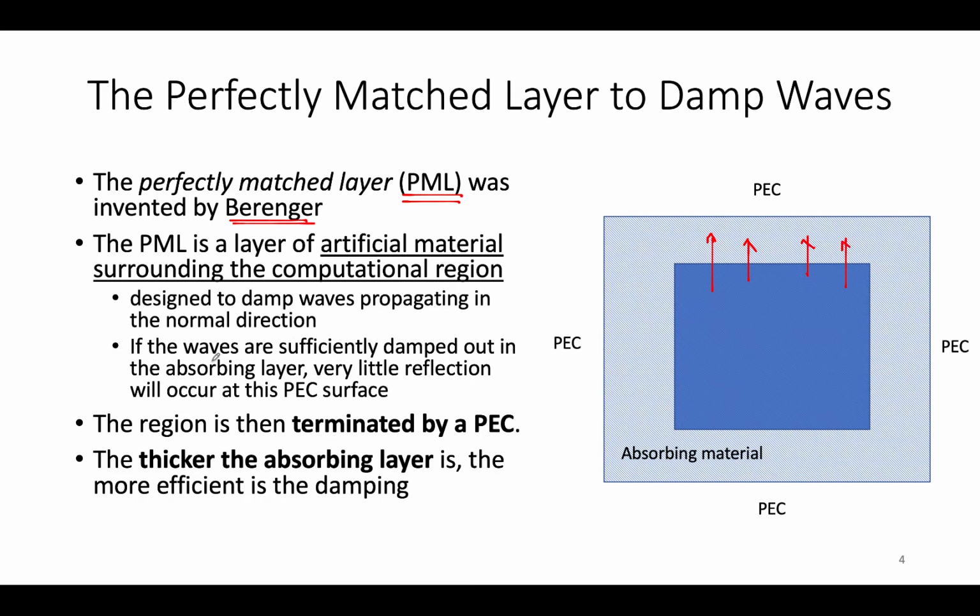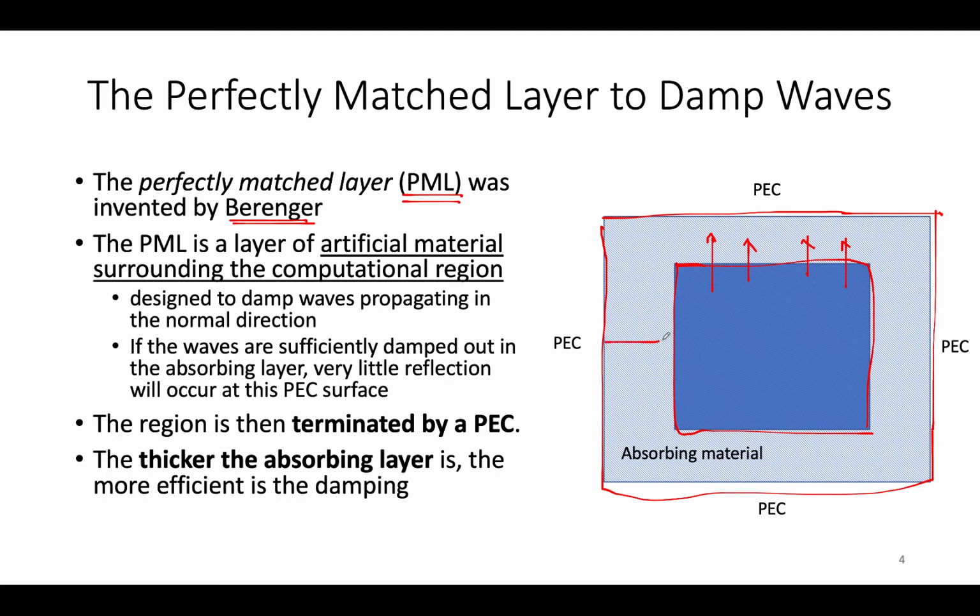The waves are sufficiently damped by the absorbing layer that very little reflection will occur at the domain interface. The absorbing material finishes with the perfect conductor boundary condition that we saw in the previous lecture.